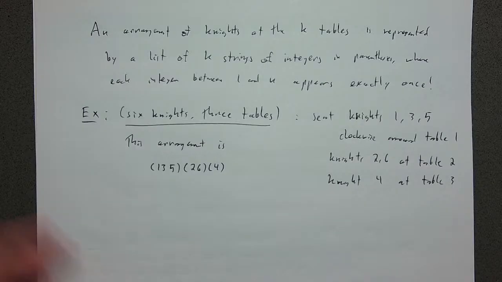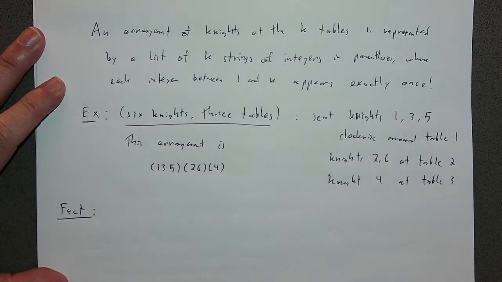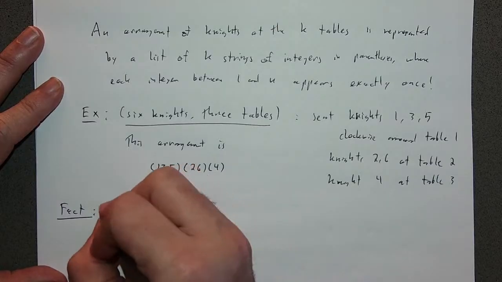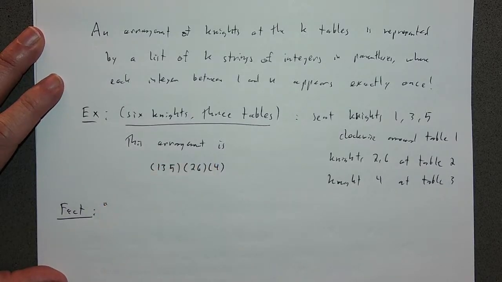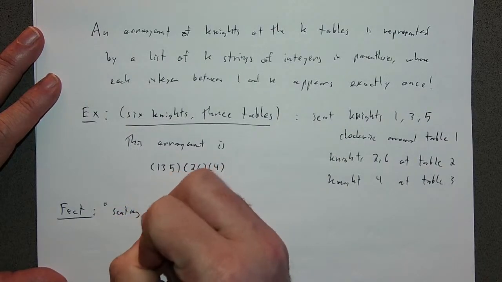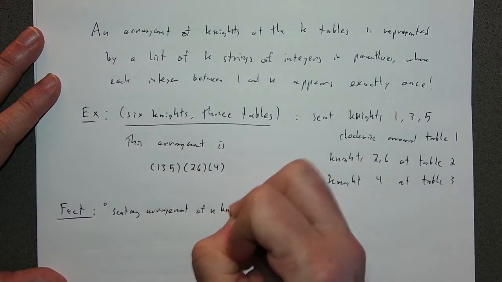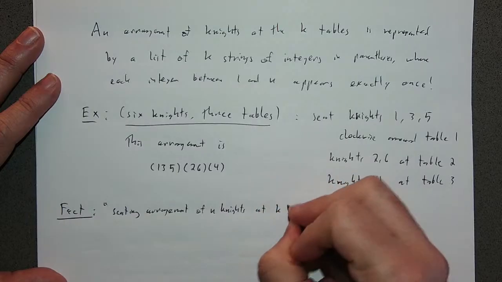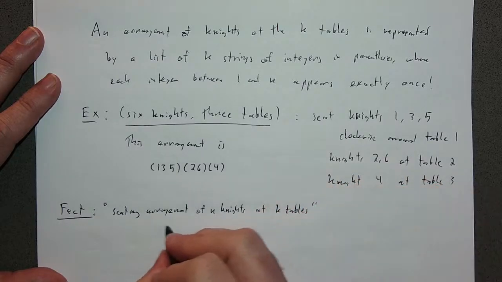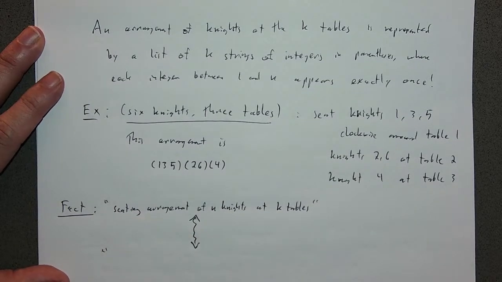And so in this way, there is a fact, which is that a seating arrangement of n knights at k tables corresponds exactly with a unique permutation in the symmetric group on n letters having exactly k cycles.